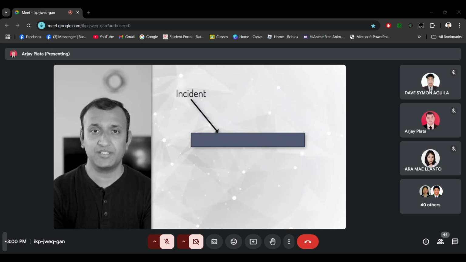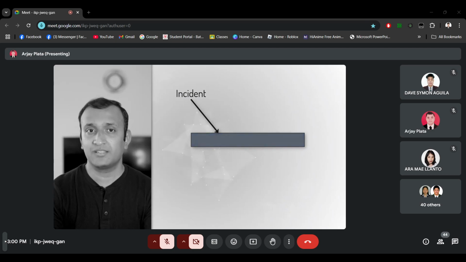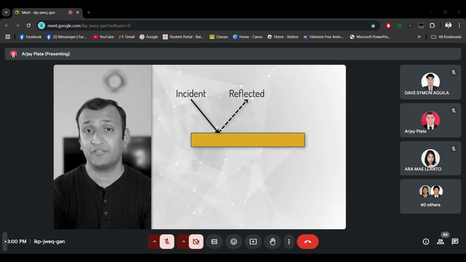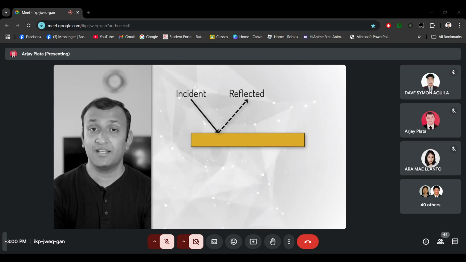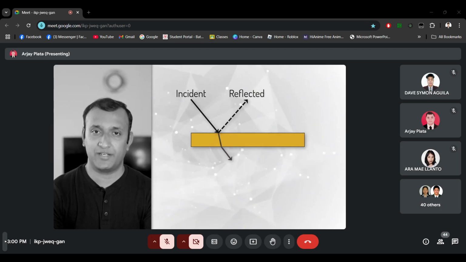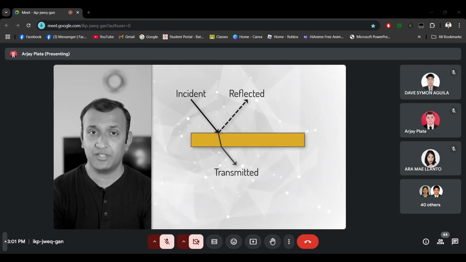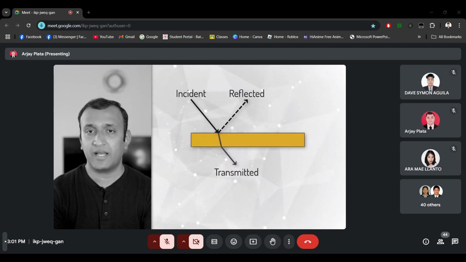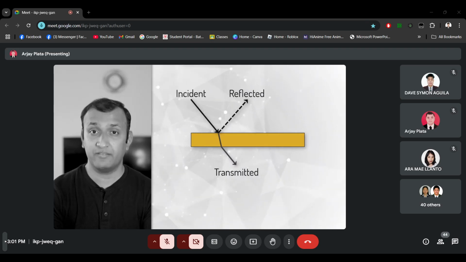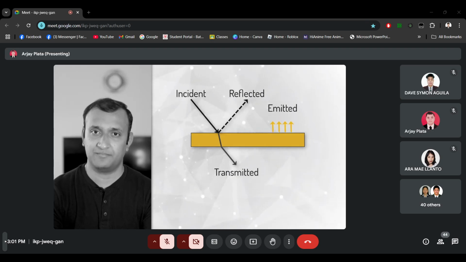When thermal radiation is incident on a surface, depending on the properties of the surface, some energy is absorbed, some energy is reflected, and in case of transparent and translucent surfaces, some energy is transmitted through it. In addition to this, any surface whose absolute temperature is more than 0 kelvins emits thermal radiation.